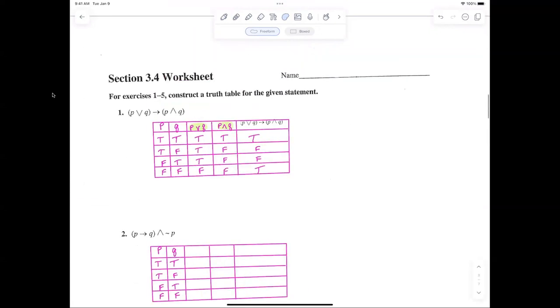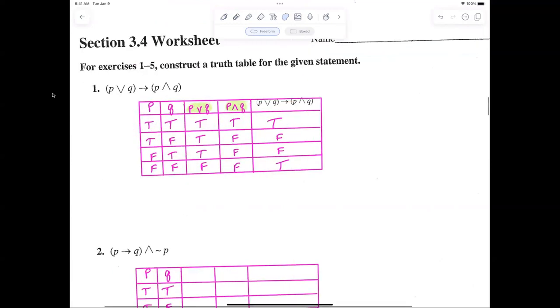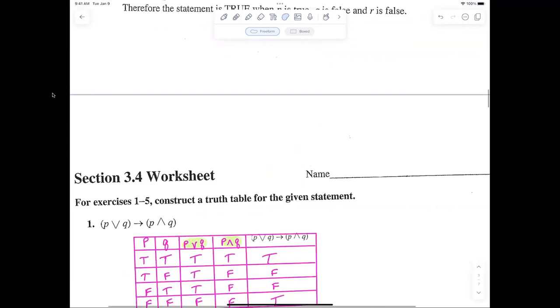Oh, I'm sorry, someone raised their hand. I get confused. Which tables do you use to find P and Q? Okay, listen to me. I want you to think logically. If I say this and this, if it's an and statement, both of them have to be true.